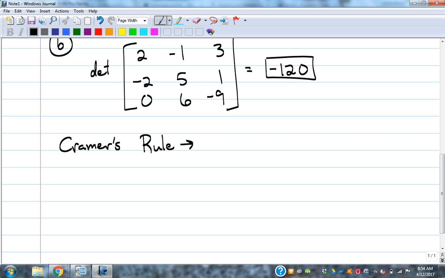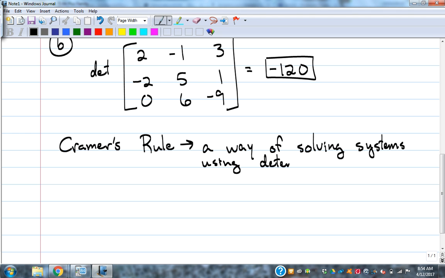But Cramer's rule is just a way, and this is just something you need to know, of solving systems using determinants. You actually end up taking the determinant of, depending on how many variables you have.